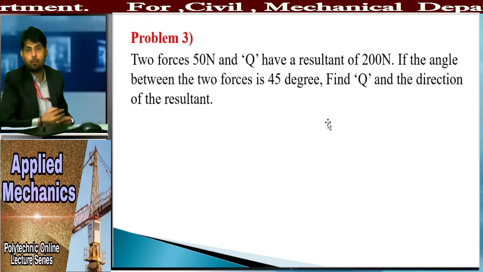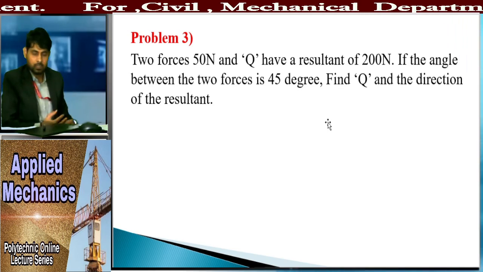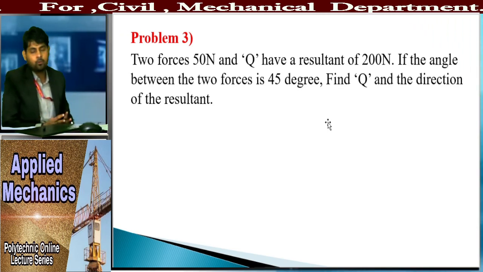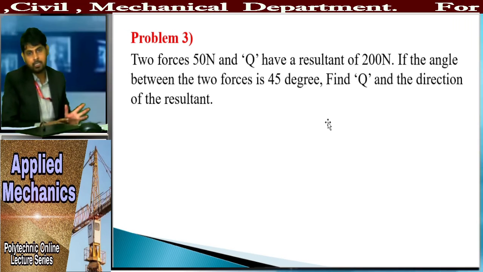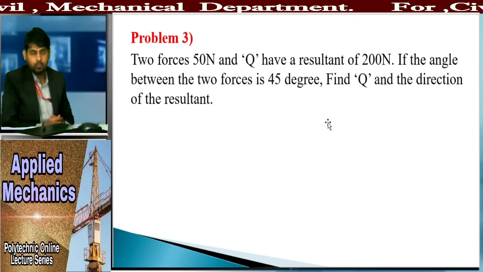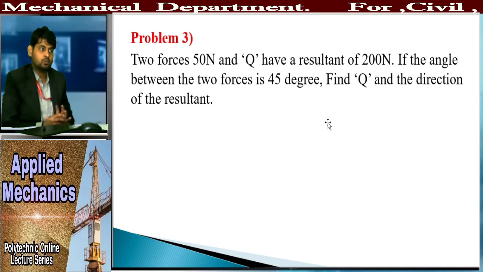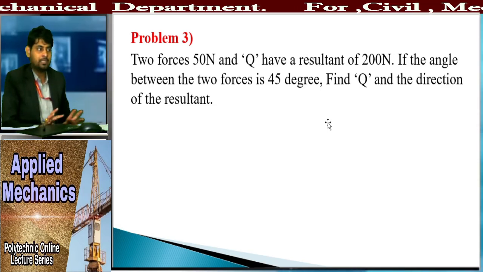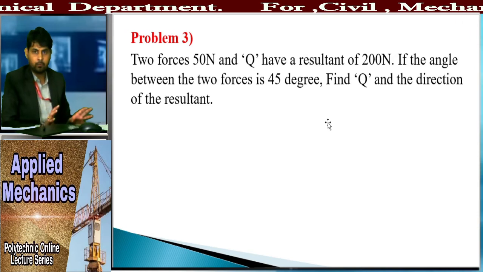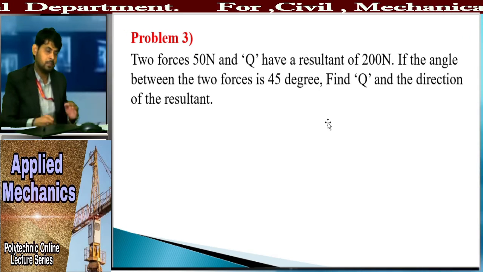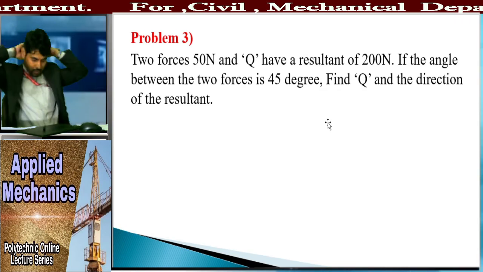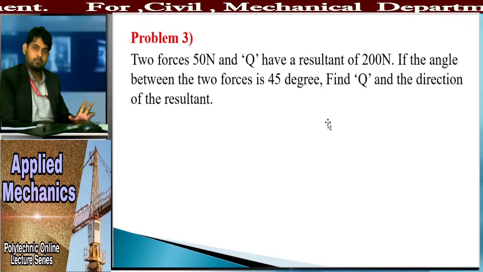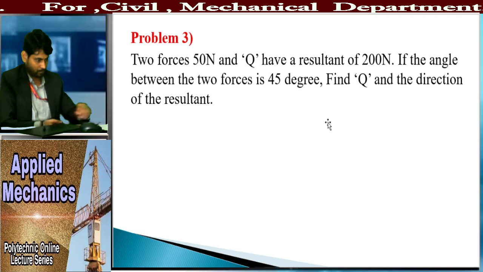In the previous problems, in the first problem, we found only the resultant. In the second problem we found the resultant and the direction also, and this is the third problem. So all these problems are a little bit different from each other. So different problems we have discussed here, then you can solve any number of problems by using this concept.